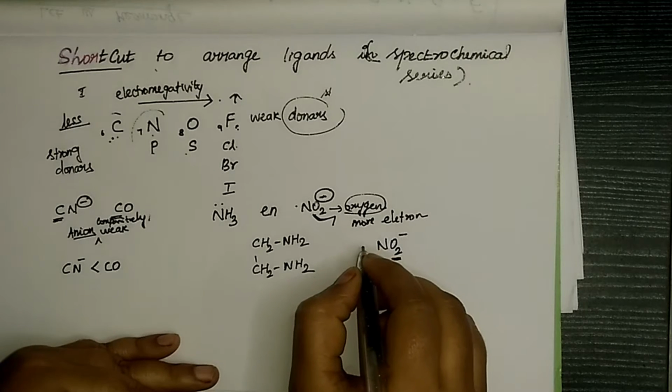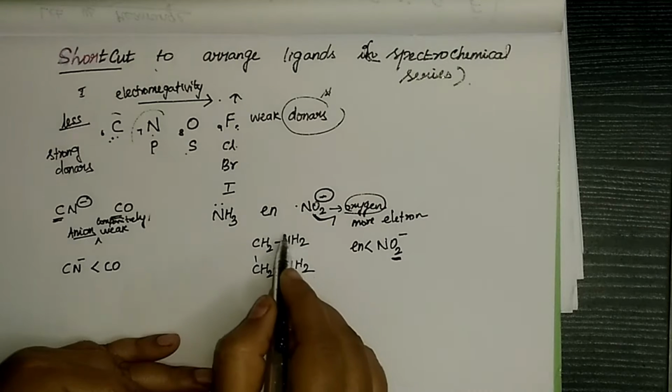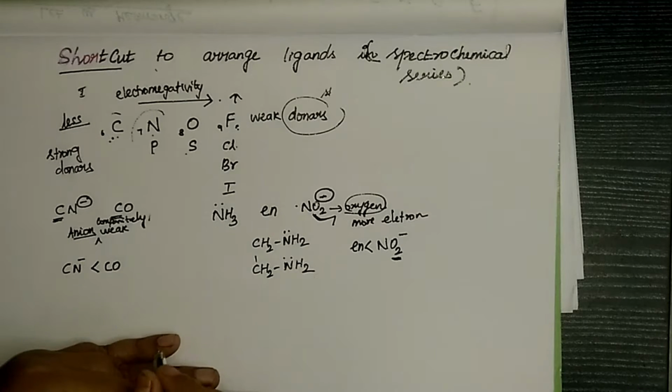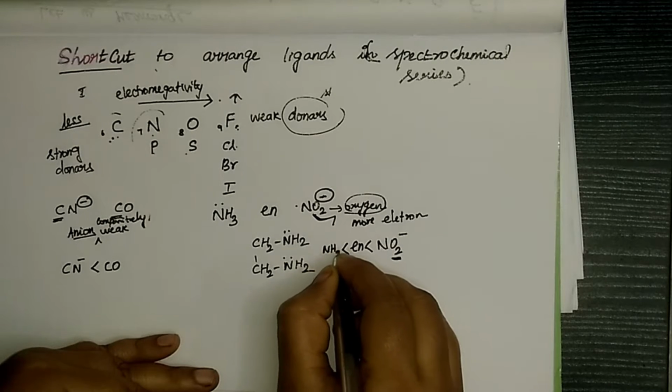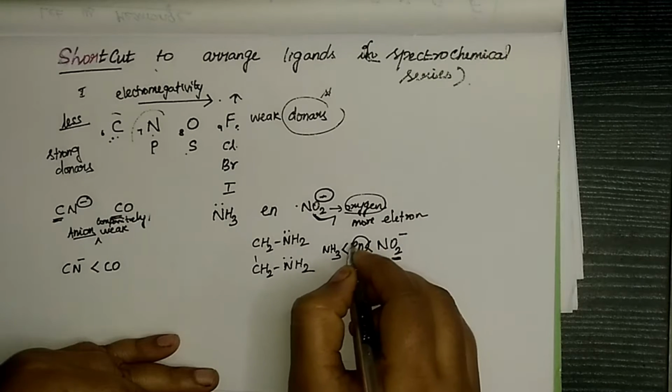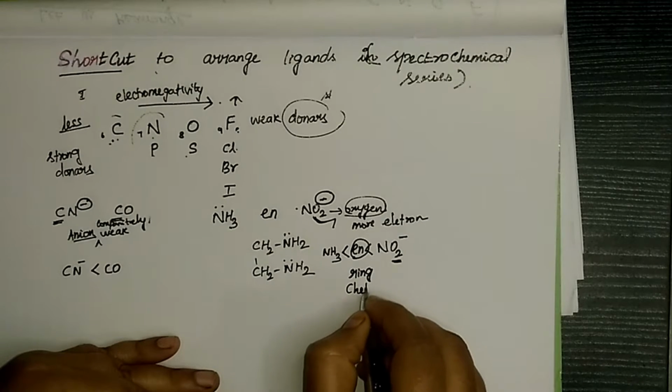Then next will be ethylene diamine. Here you have more lone pairs of electrons. And then comes ammonia. See, ethylene diamine forms a ring-like structure, a chelate.